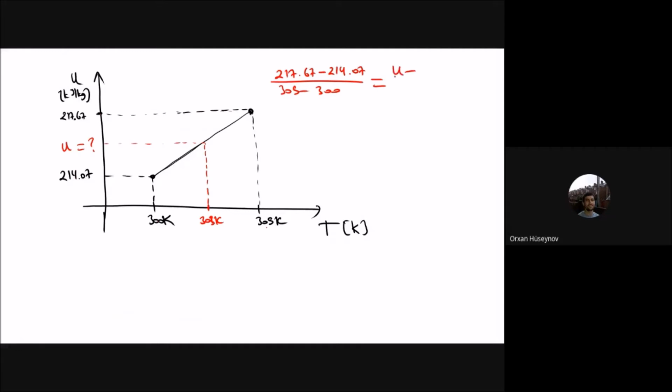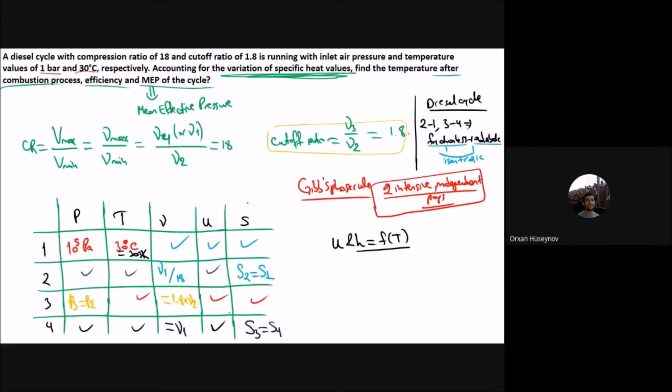It will be U minus 214.07, divided by the same temperature difference, 303 minus 300. From here, you can find the internal energy value. You can use interpolation, but I will not use it for this problem; I will use approximate values to save time.